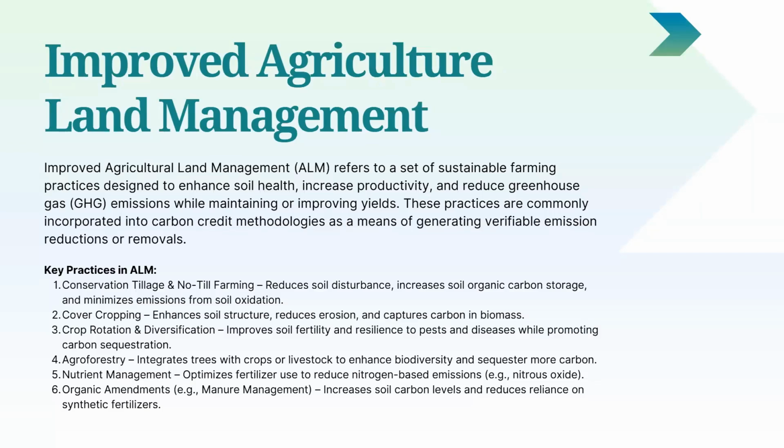These practices are commonly incorporated into carbon credit methodologies as a means of generating verifiable emission reductions or removals. And some key practices that we can see in projects like these are conservation tillage and no-till farming, cover cropping, crop rotation, and diversification, agroforestry, nutrients management, and even things like organic amendments so that you move away from those synthetic fertilizers.